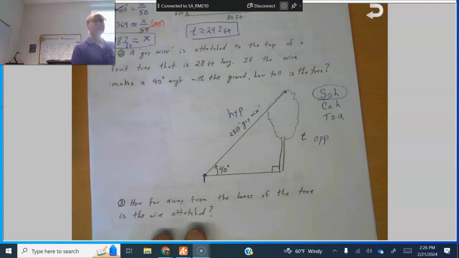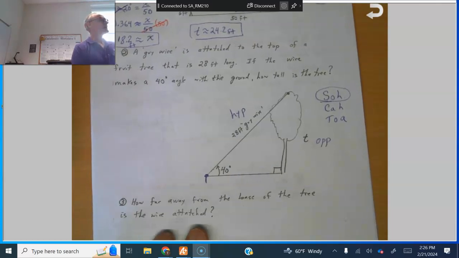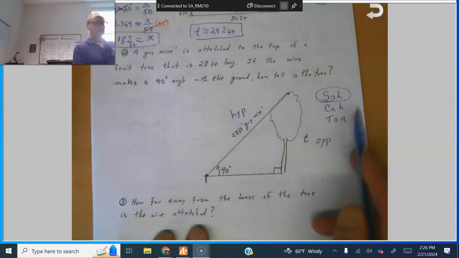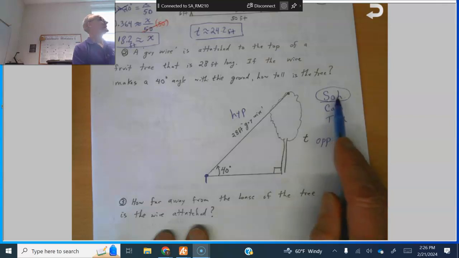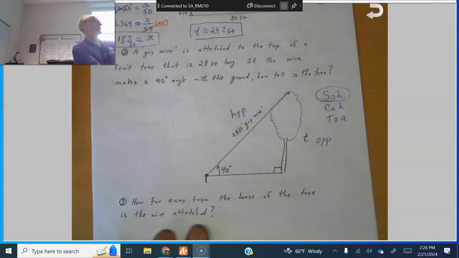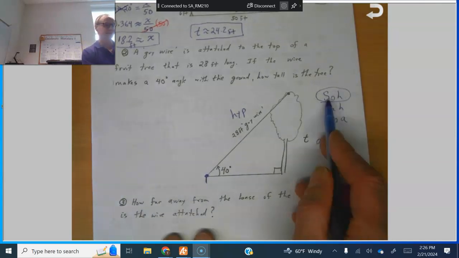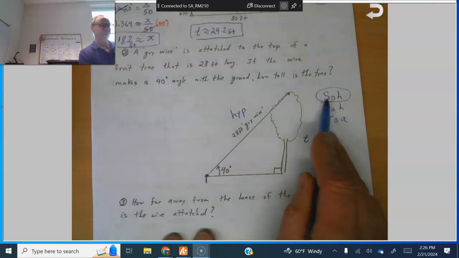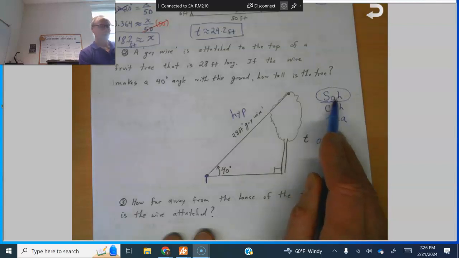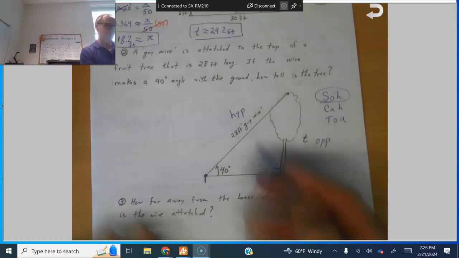Xander, you know how to do this already? You should be ahead of me. Yeah, you guys should be working ahead. Now, I'm following along to make sure you're doing it correctly, but you have to try it yourself and maybe make mistakes, but that's all right. Sine equals opposite over hypotenuse, t over 28, yeah?